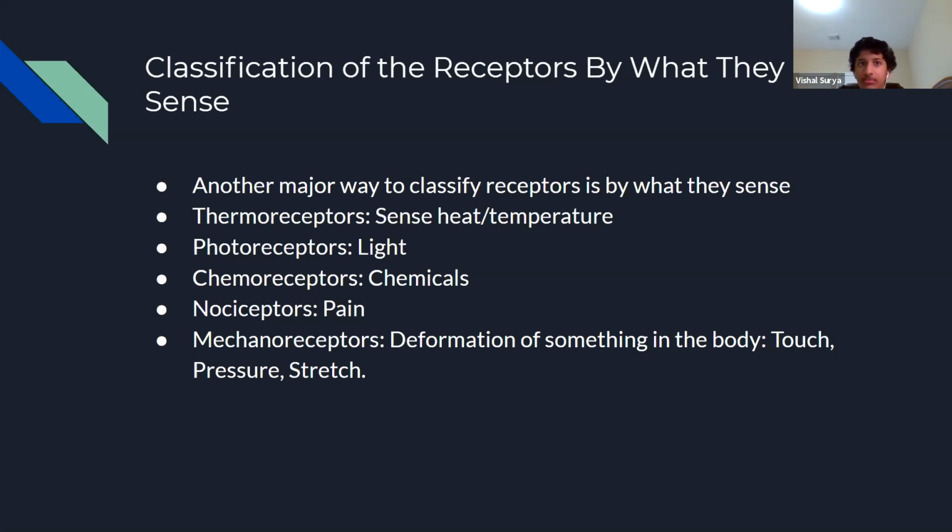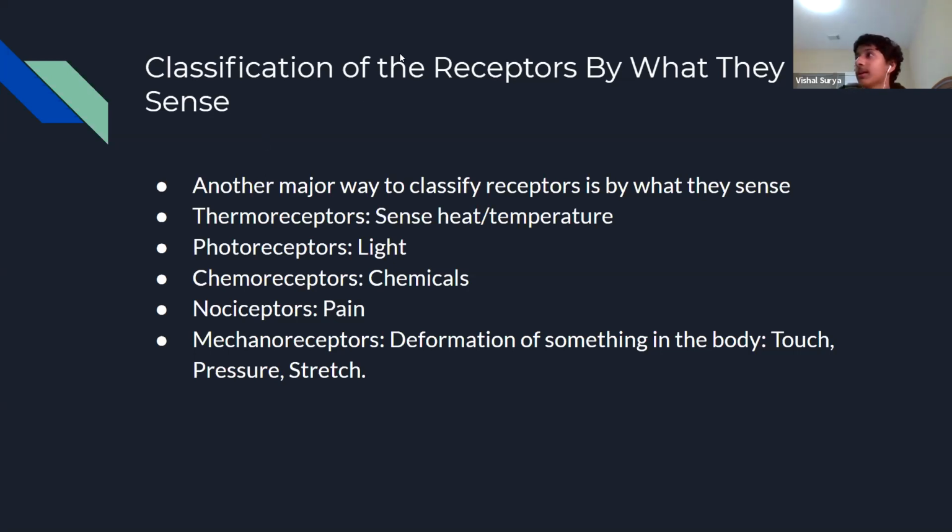But if you have a notebook, the two to write down are the nociceptors and the mechanoreceptors, because those might take some time to get used to. I'm going to leave this slide up for a bit.